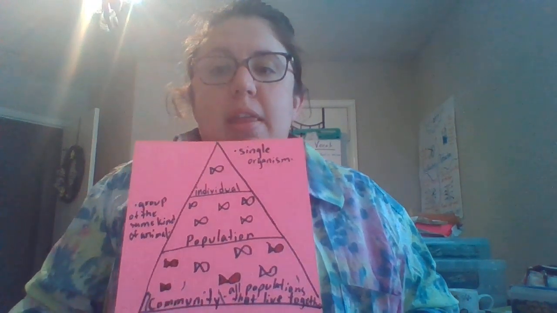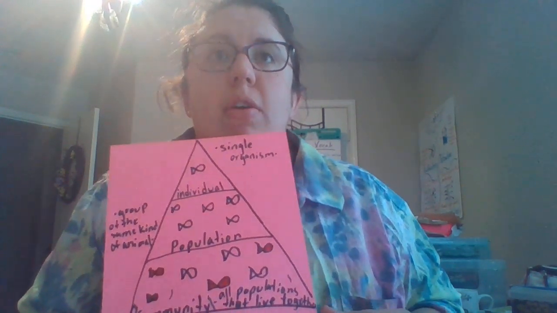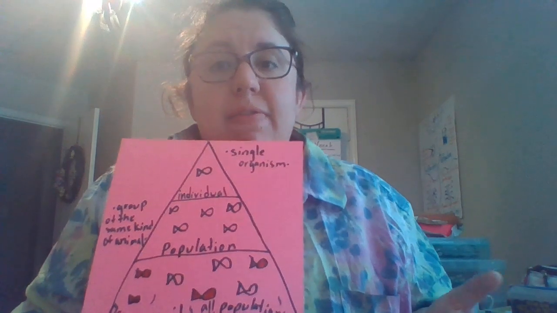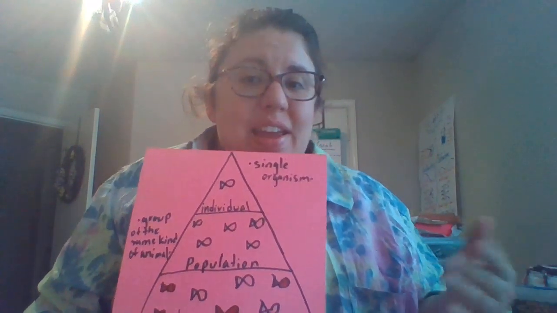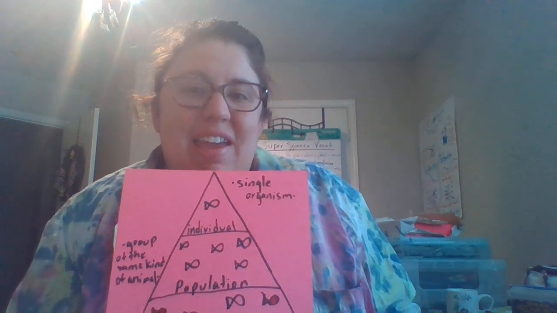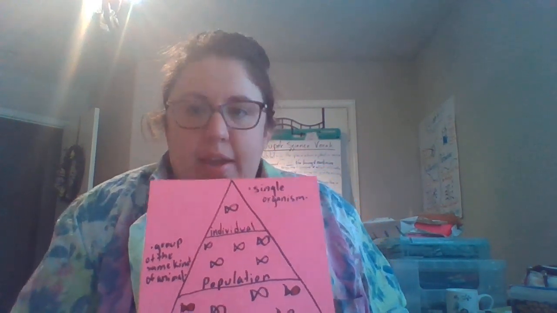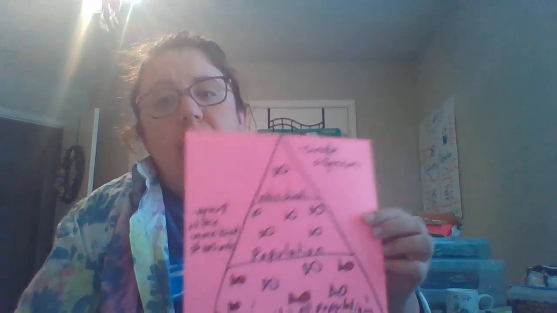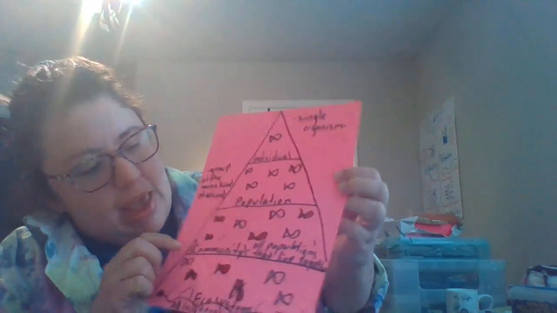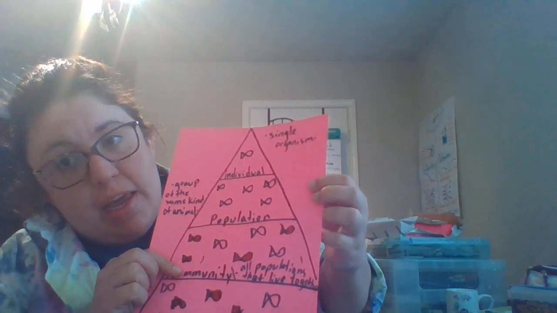In an aquatic ecosystem, the community could involve multiple kinds of fish, as well as seaweed, other aquatic plant life, shrimps, all the way up to whales and sharks and all that good stuff. So that makes up their community.